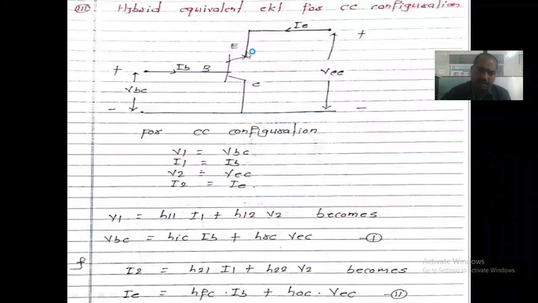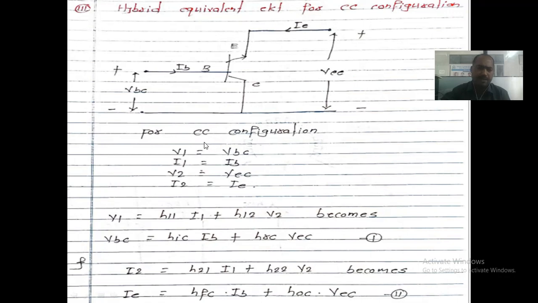The current flowing through the output terminal is the emitter current, that's why it is called IE, and the voltage coming across the emitter and the collector terminal is VEC, but we don't say VEC, we say VCE, because in BCD, C is first. So output current I2 equals IE, and output voltage V2 equals VCE.